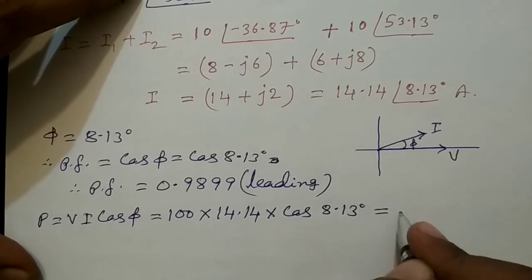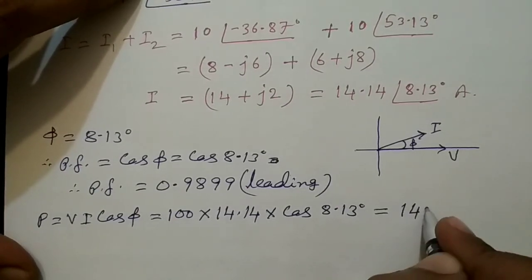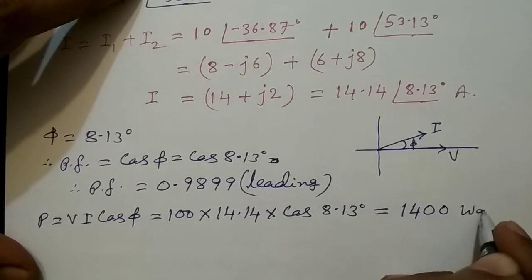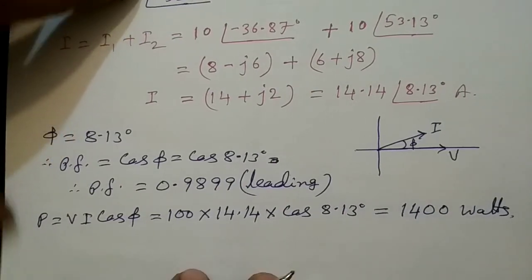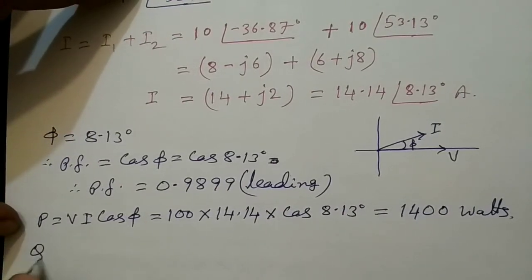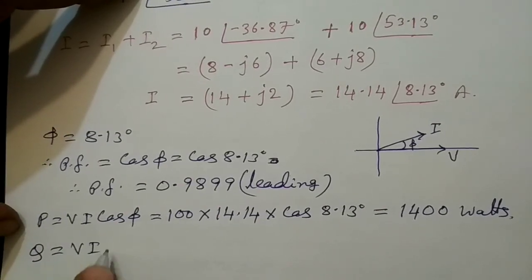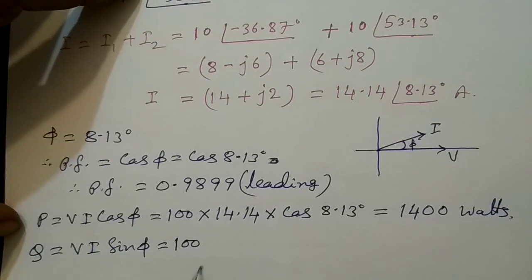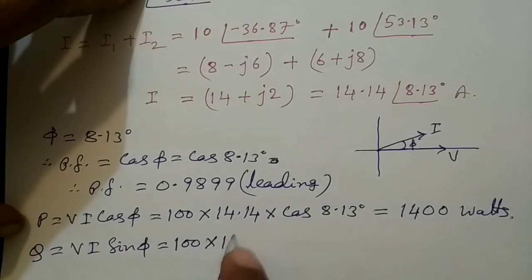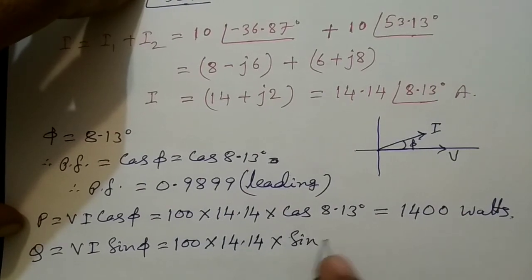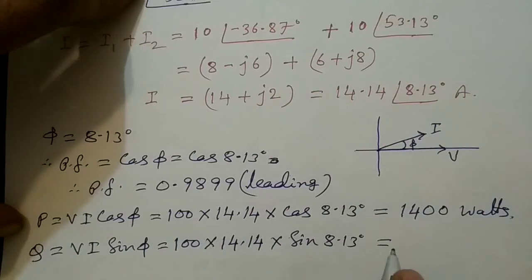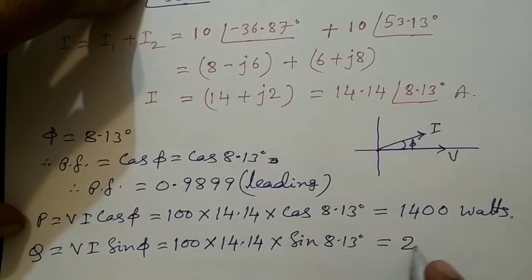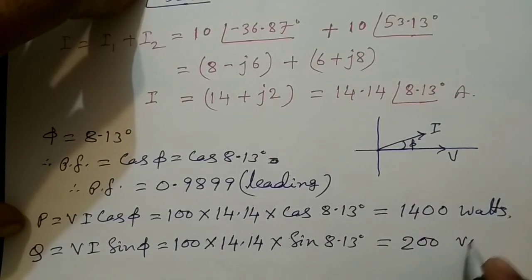So after solving, we will get the active power as 1400 watt. Similarly, the reactive power is VI sin phi. The RMS value of the voltage is 100, the current is 14.14 and sine of phi, that is 8.13 degree. So after solving, the reactive power will be 200 VAR.